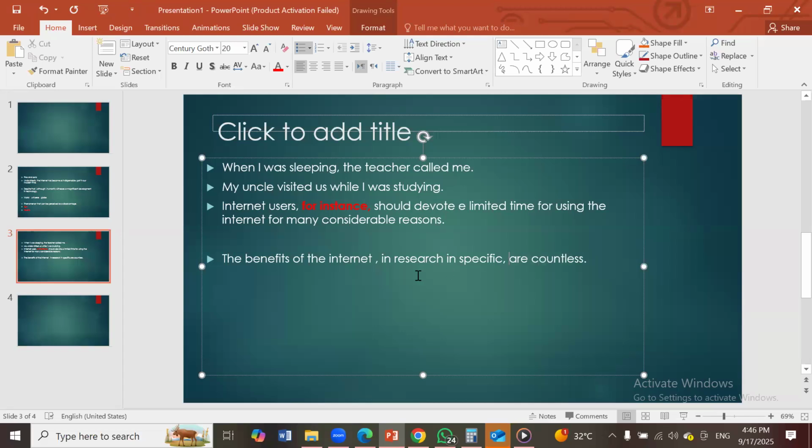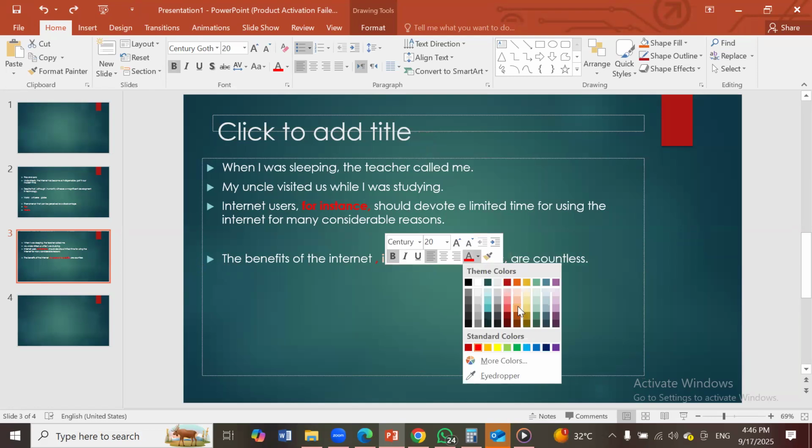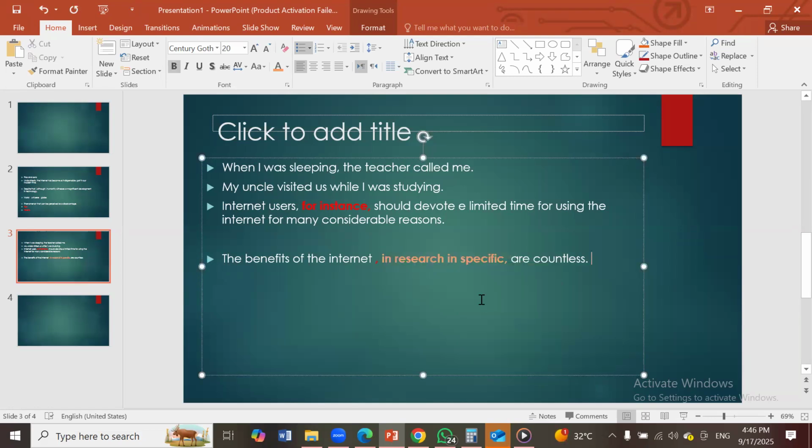Why did I put these three words between two commas? Because I can go without it. If you take it out of the essay, it has no effect. The benefits of the internet are countless, right? If you add it: the benefits of the internet, in research in specific, are countless. So the phrase I put between two commas, you can do without it in your essay.